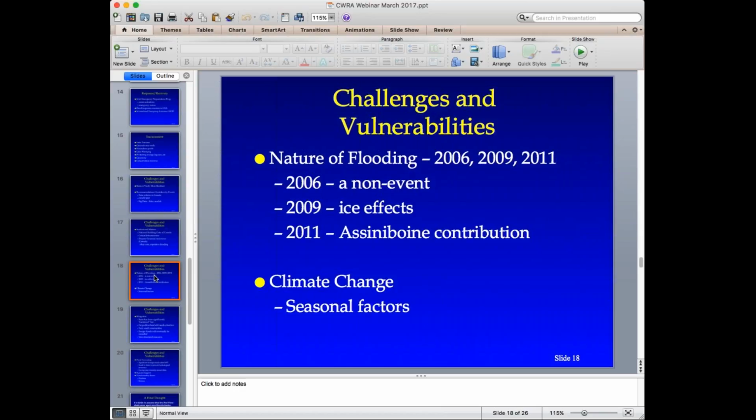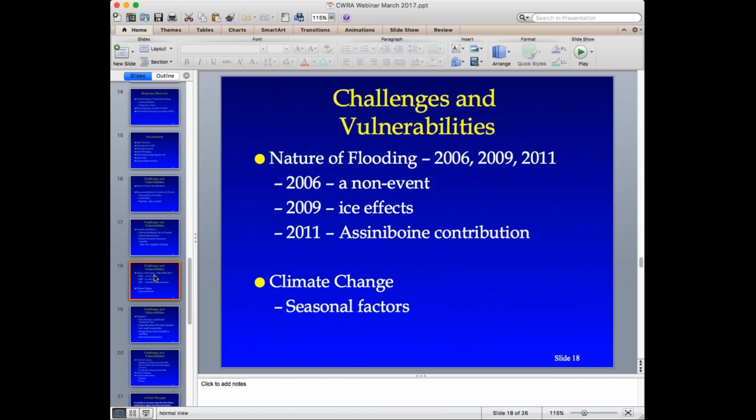The other issue about the nature of flooding relates to climate change, and we're seeing a particularly wet summer period now in this part of Canada and the U.S., and so it's likely that there'll be seasonal factors that will have to be taken into account as you address flooding in the Red River Basin. The current flood forecast models tend to relate to snow and ice melt with some precipitation during that spring breakup period.